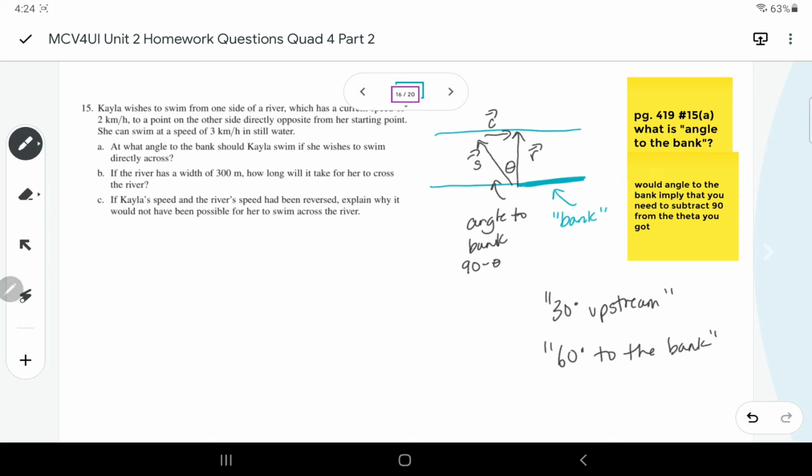The 30 degrees measures how far you're pointing from a perpendicular, and the angle to the bank means how far you are measuring out from the edge of a river. Okay, so I think that's probably the main question. For B, you're going to find the magnitude of the resultant. Did you want me to go through that whole question, or was it just the wording there?